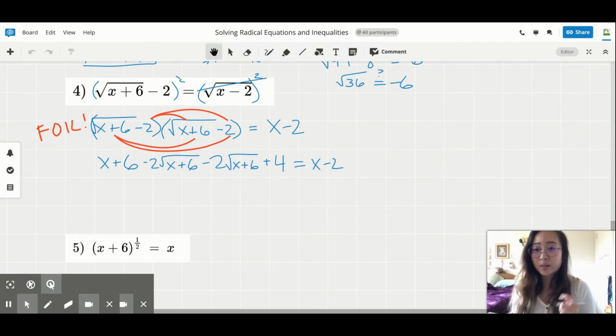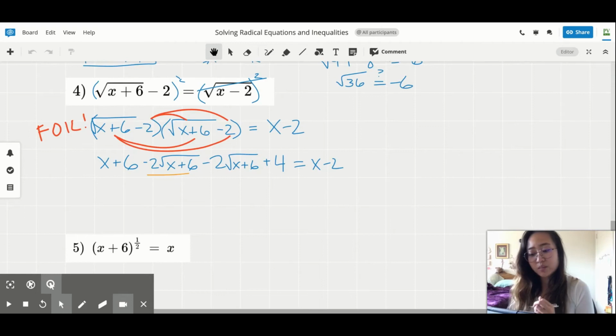So now we can combine like terms, these ones, and I'm also going to move our constants and my plain variables to the right side. So that means I'm going to be subtracting x, subtracting 6, and subtracting 4. So minus x, minus 6, and minus 4.